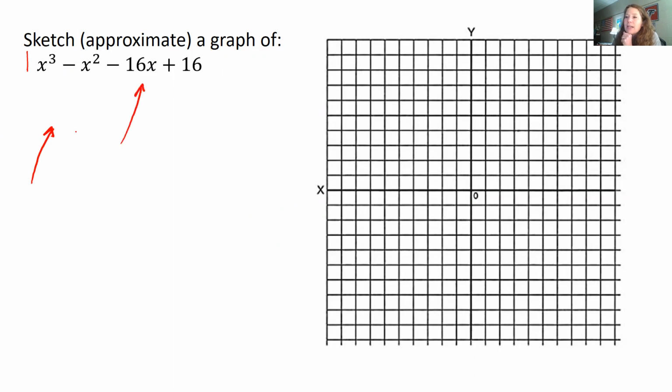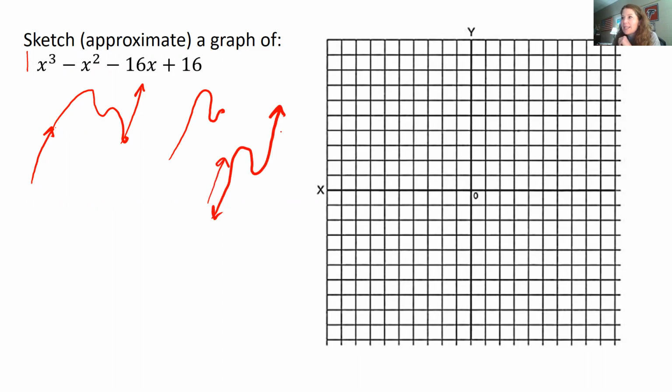Now, cubic functions always go up, and then they do a little switcheroo. They'll start going in a positive slope and end in a positive slope, and they always have this little loop in the middle.